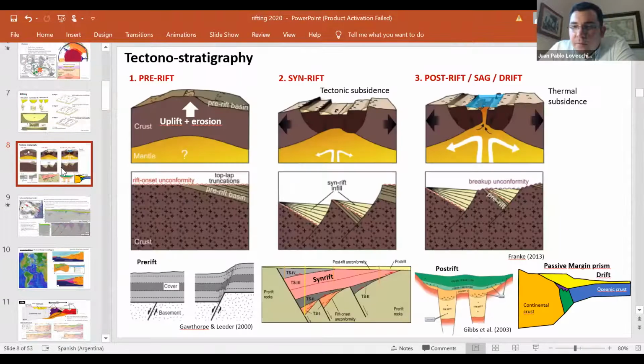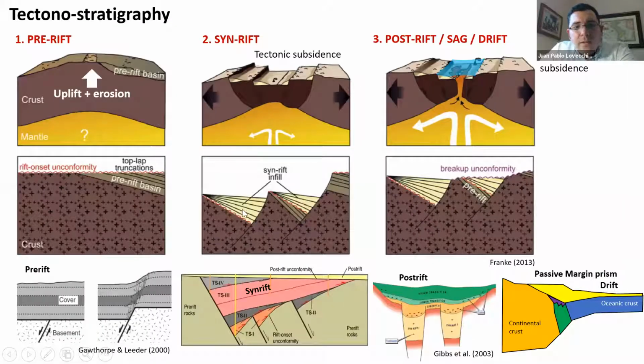The synrift will be fault bounded, so the sequences can have this fan shape. You see that they split up, they finish against the fault, while post-rift, they passively onlap the shoulders of the rift. The basin, because of faults, this is the synrift, and this is the post-rift in green.